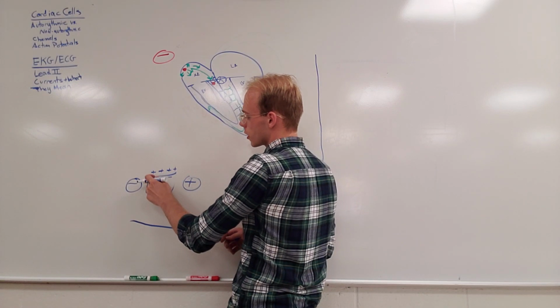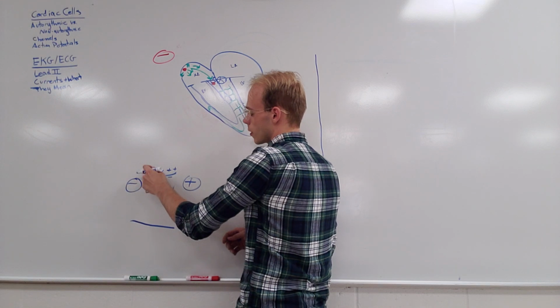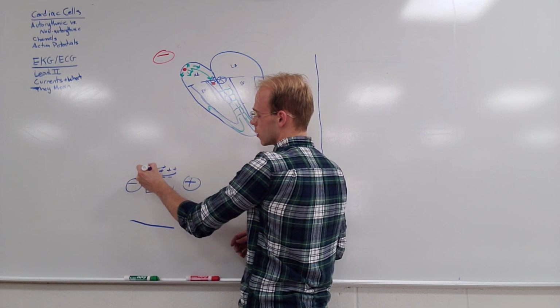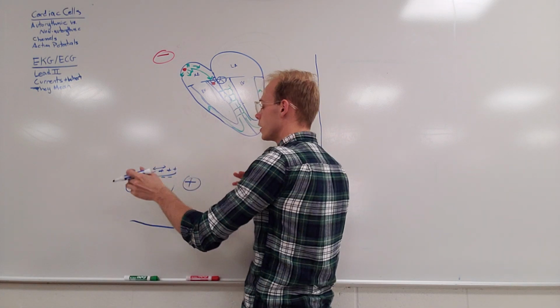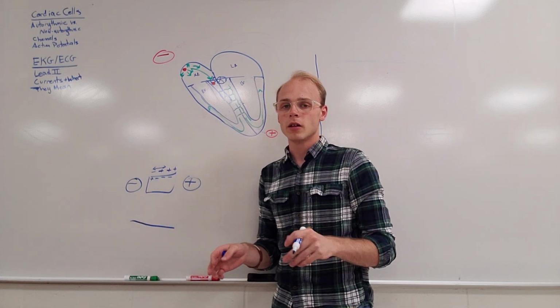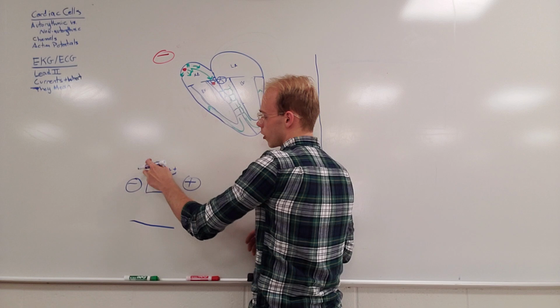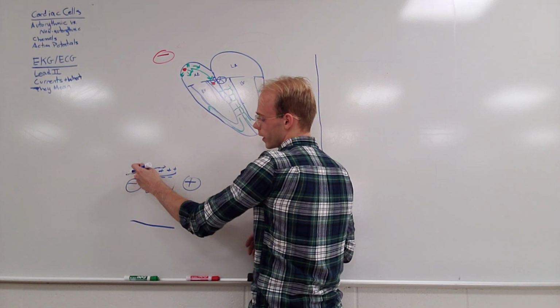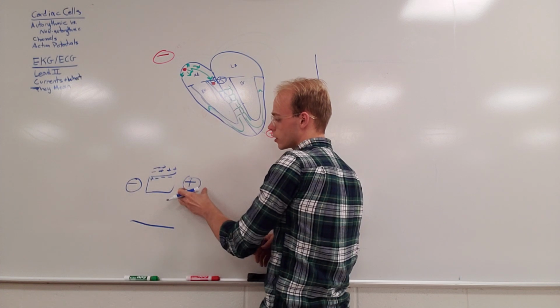The moment that this starts to depolarize, I've now got some kind of interaction between the positive and negative charges on the outside of the cell. The EKG is only reading on the outside of the cell, it can't read inside the cell. So say we've got some kind of negative interacting with the positives, and it's heading towards this positive.